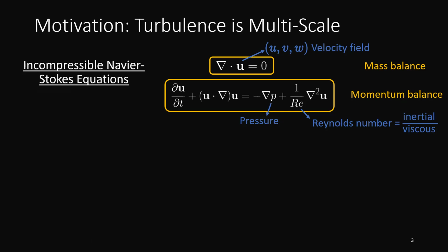Now, from a dynamical systems point of view, you can view this by just rearranging this equation, right? You're looking at the system evolution versus time. If you move the time derivative term to the left-hand side and the rest of the terms to the right-hand side, you now have df/dt equals some sort of operator that evolves the flow field in space.